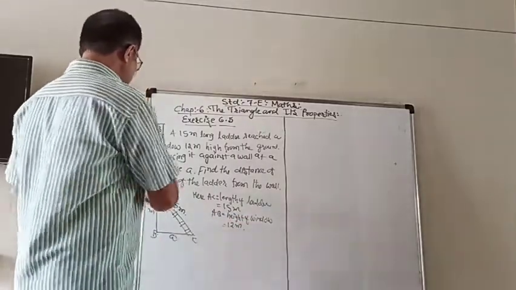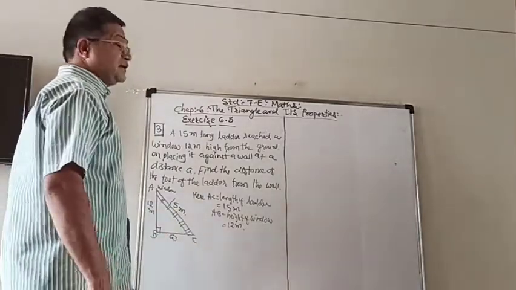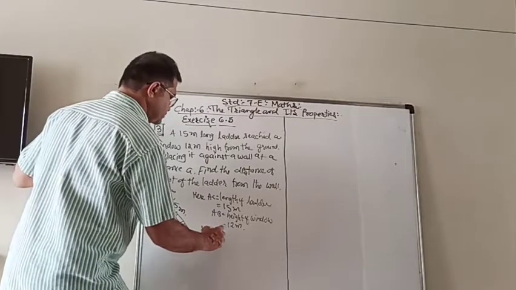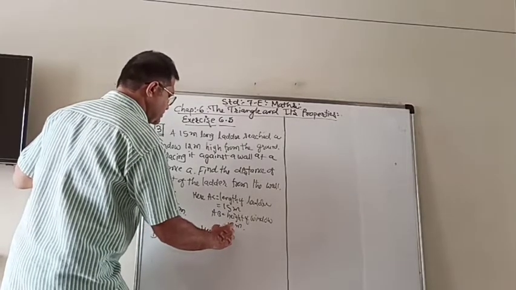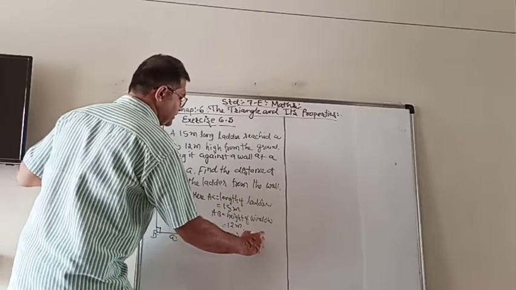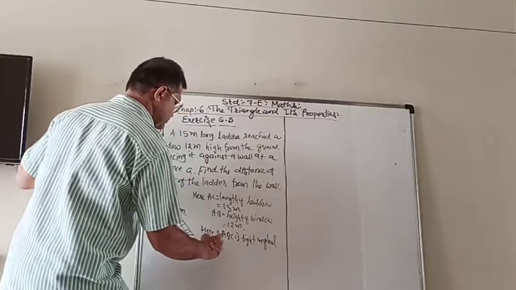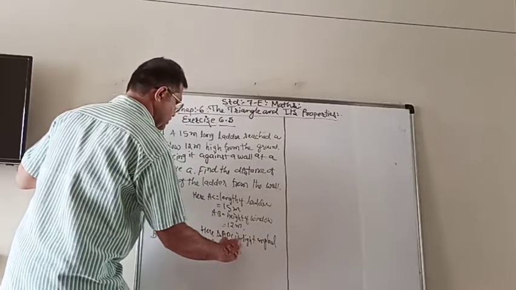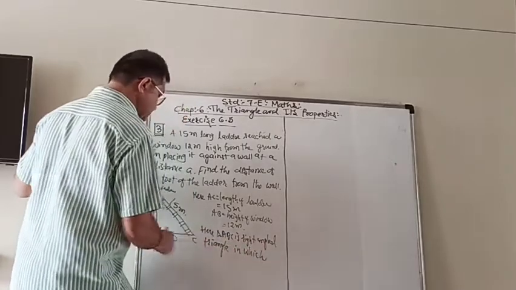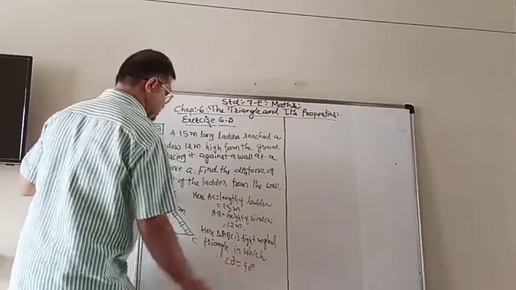So now here you can see that the right angle triangle is forming. So here triangle ABC is a right angled triangle. In which angle is 90 degree? Angle B is equal to 90 degree.